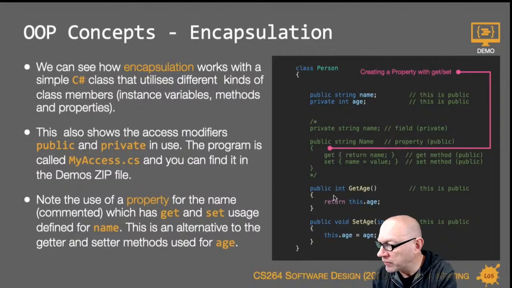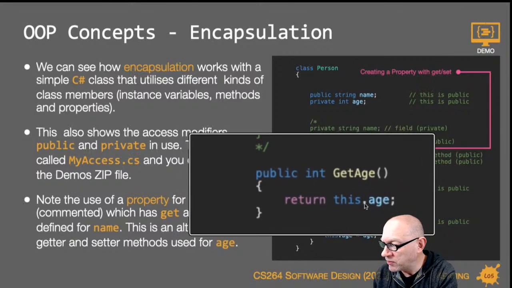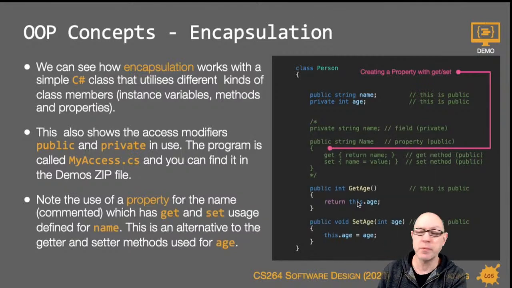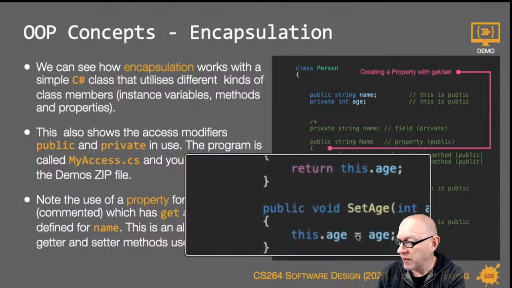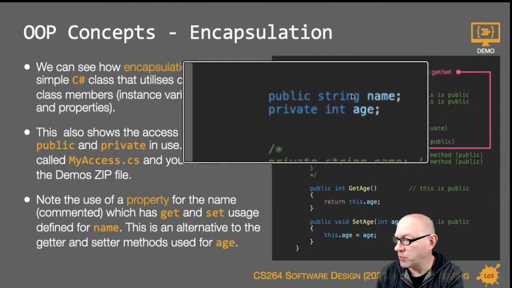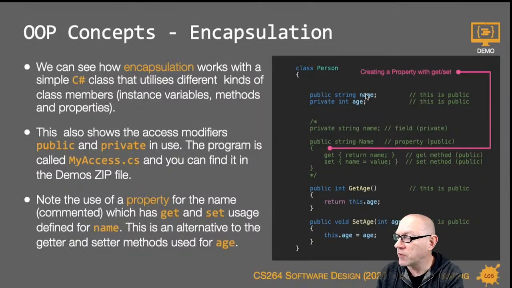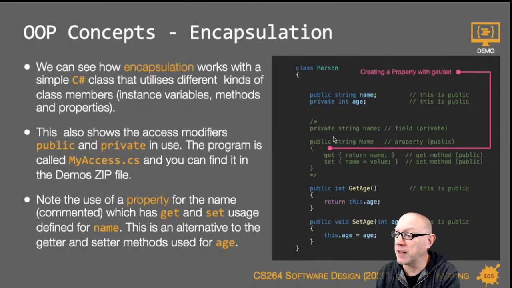We have an int getAge that returns this.age. This use of the this keyword should be familiar to you from your Java, and from JavaScript. Then we have a method that sets the age as well. So we have a getter and setter for the age, but we don't need one for the name, because it's public anyway, and age is private, so we can't get at it.